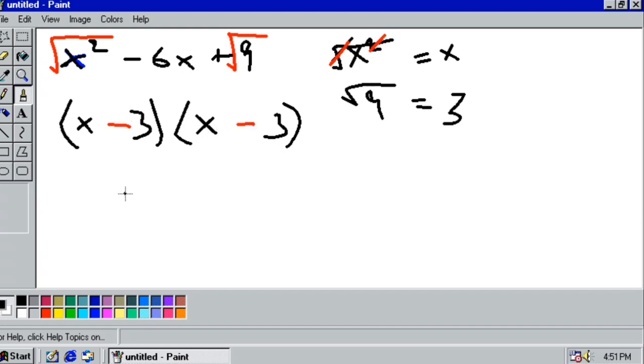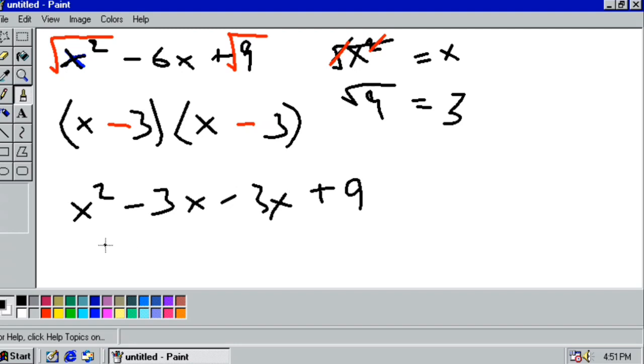So we can FOIL this for checking. So x times x is x squared. X times negative 3 is negative 3x. Negative 3 times x is still negative 3x. And negative 3 and negative 3 is positive 9.